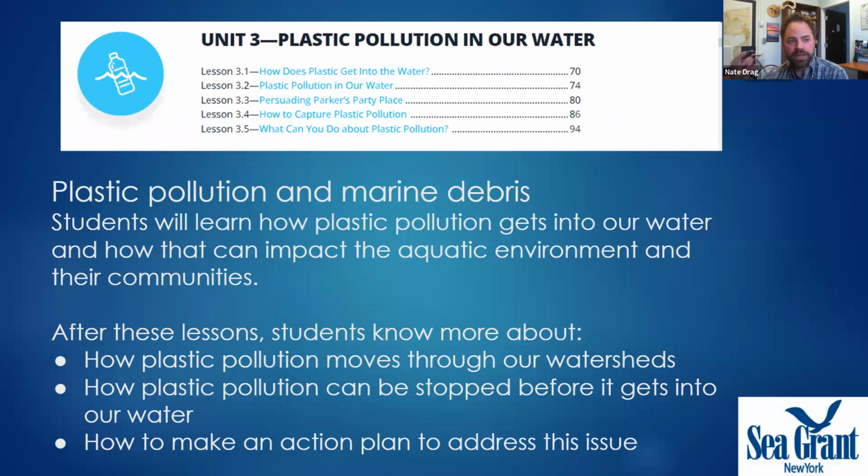It has kids brainstorm ideas about what type of technologies or devices they could use in their communities to capture plastic pollution, and think about what would go into it. How would you manage it? How would you build it? The pros and cons, lots of things like that.